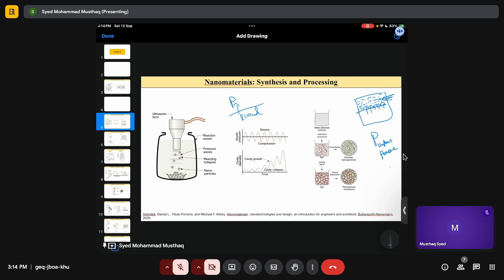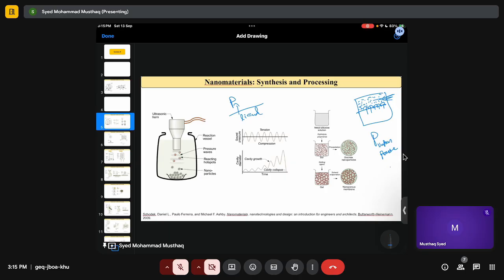So yeah, the sonochemical method uses that vapor pressure theory to form bubbles, and when you have a compression cycle, these bubbles will coalesce, and whenever you reach a certain pressure, just like a balloon, when you try to pressurize it, the balloon bursts. The same goes for the bubble also. It will burst after reaching a certain size. Whenever it bursts, it creates a very hot spot or very high temperature, and that high temperature will result in the same evaporation of the solvent and again condensing. You will have nanoparticles. That's it.